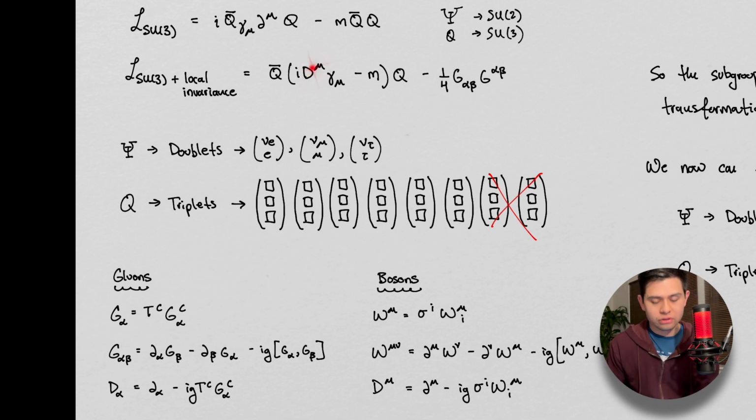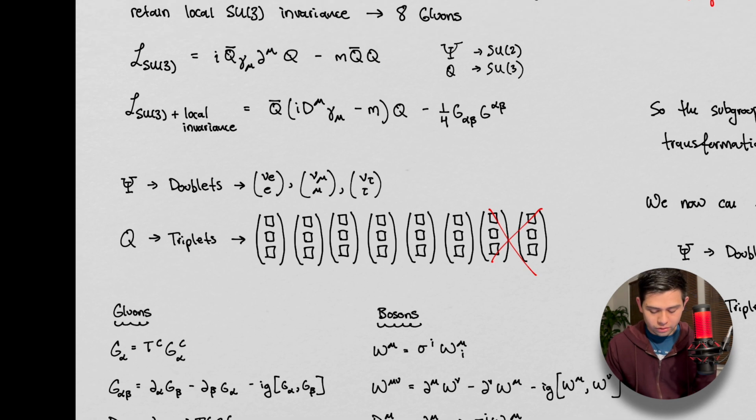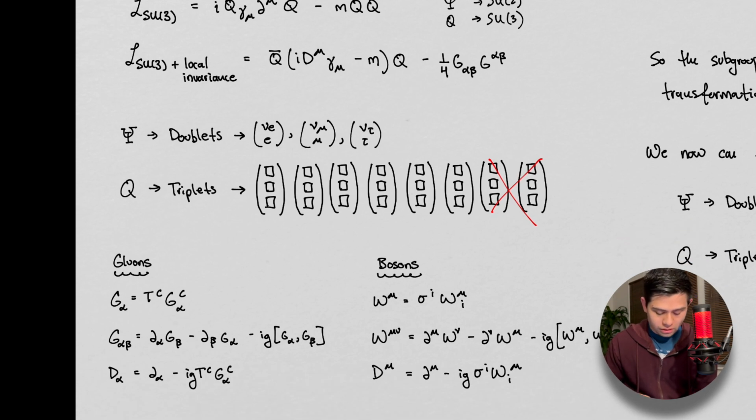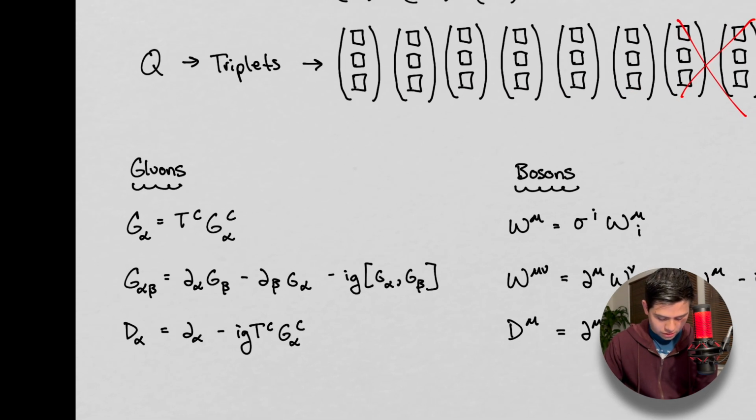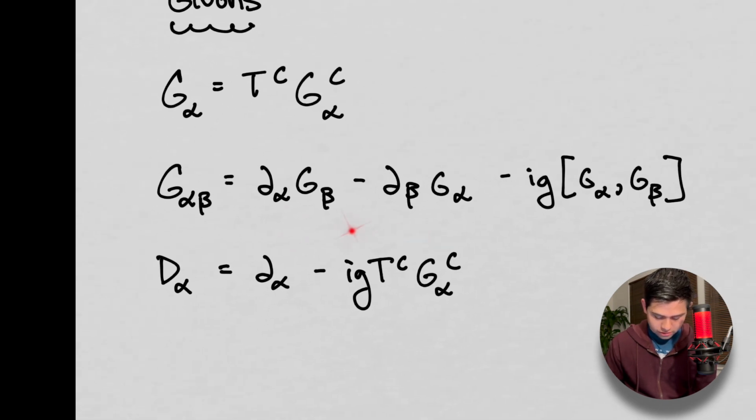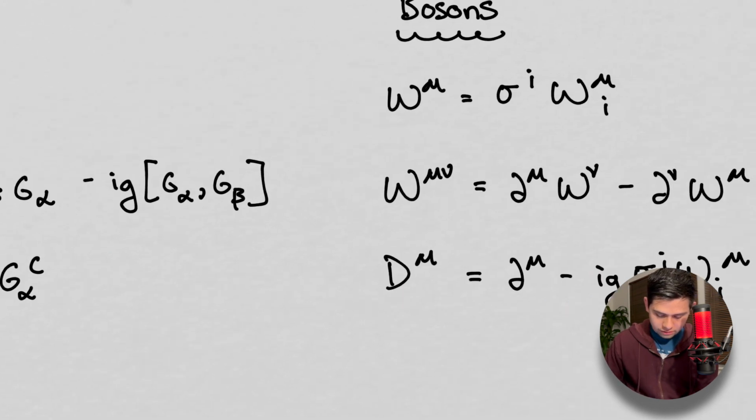This is what we've been doing up to this point. We've been saying, well, if we want local invariance, we need a spin 1 field to interact with these objects, and the spin 1 field is encapsulated in the derivative, which is what we'll see in a few seconds here. I'll just get to the point here. This is that relationship, right? It's right here. We've seen this before in the case of bosons, right?